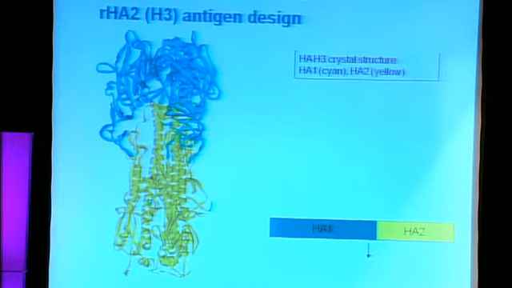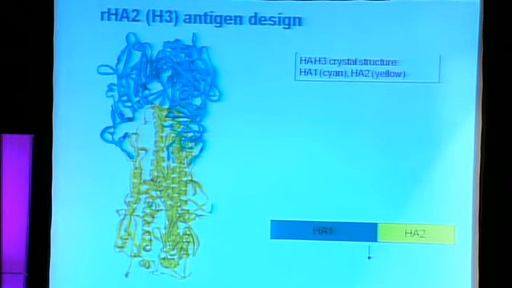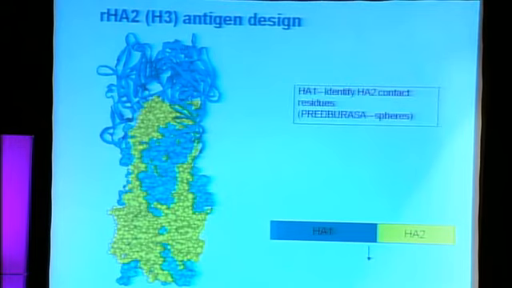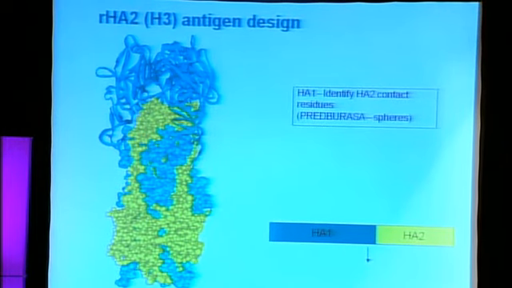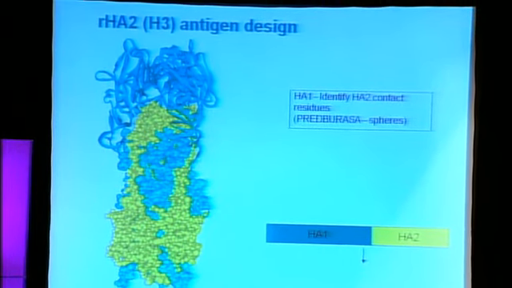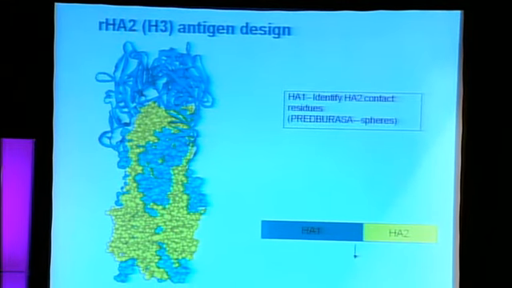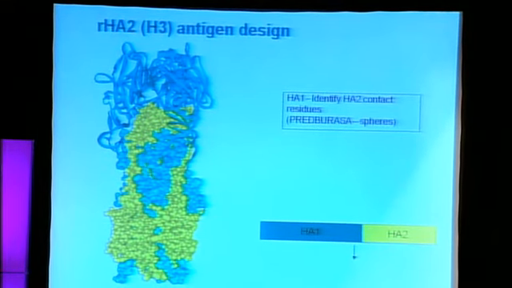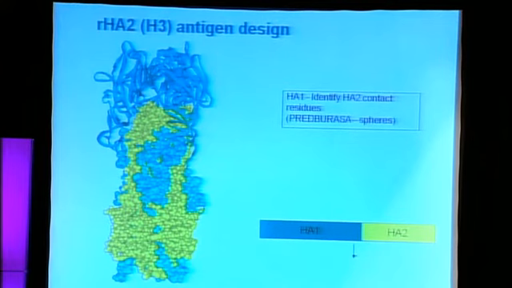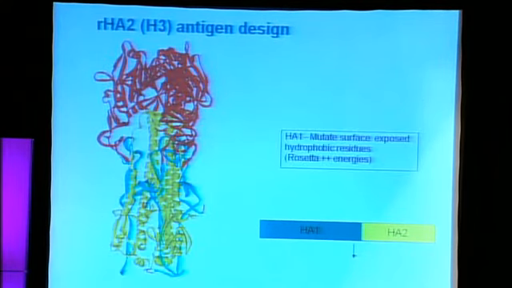Basically, based on the crystal structure of HA3, using a computer algorithm, we can identify the minimum contact residues of HA1. Those are the residues you want to keep together with HA2, then remove most of the HA1 sequences.